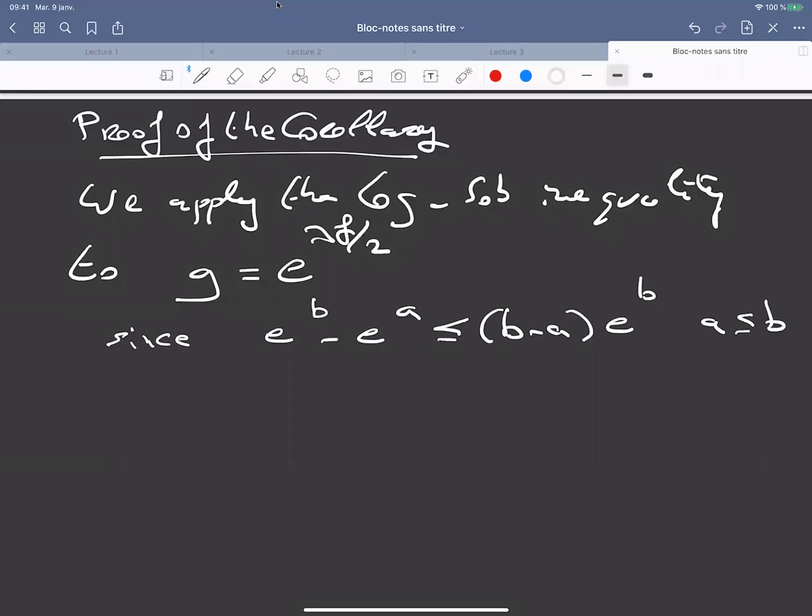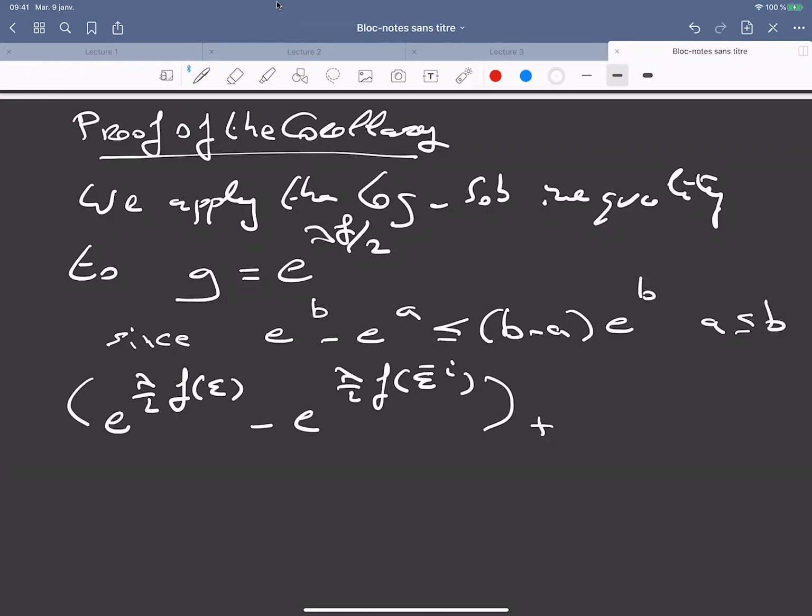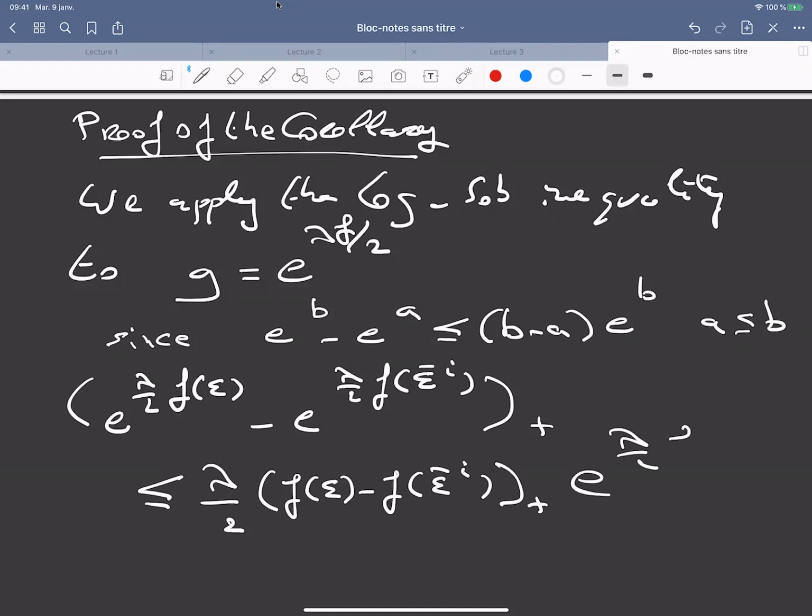So if you use this simple inequality here, when we look at the difference between exponential of lambda over 2 f of epsilon minus the same quantity, but when you put epsilon bar i instead of epsilon, and if you take the positive part of that, then this is less than lambda over 2 times the positive part of f of epsilon minus f of epsilon bar i, times exponential lambda over 2 f of epsilon.